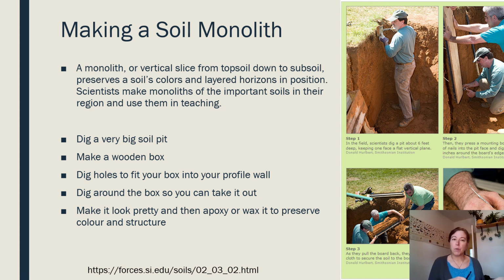So by filling it with some kind of a resin or a wax, you preserve those moisture and color features. And all the monolith pictures that I have in this PowerPoint and on the websites online are all created in a similar fashion.